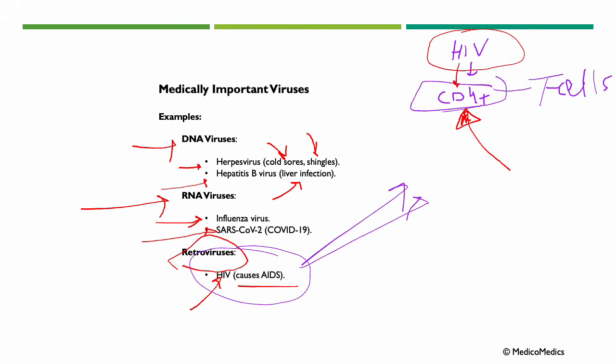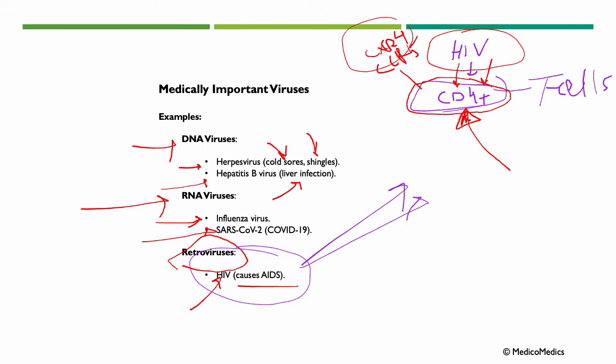So what happens is that HIV binds to it, and it binds to receptors on this CD4 and co-receptors on the cell surface. So the CD4 expresses, for example, let's see if my memory serves me right here, CCR5 and CXCR4.